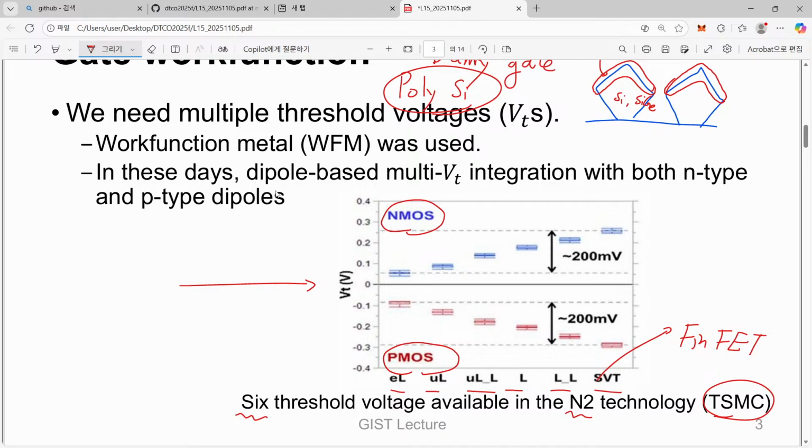What are they? I don't know, but this one is SVT, where S is for standard. Please have a look at its value. Its value, in the case of a PMOSFET, is about minus 0.3 volt. And when you have a look at the NMOSFET value, it is also about 0.25 volt. So what is it?